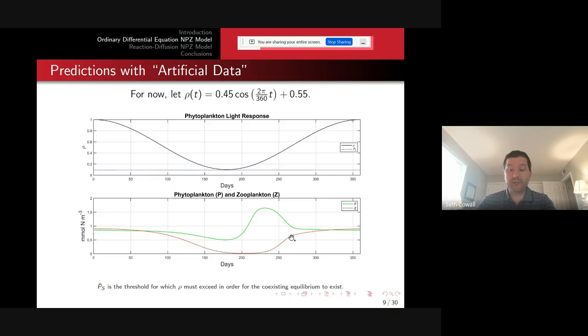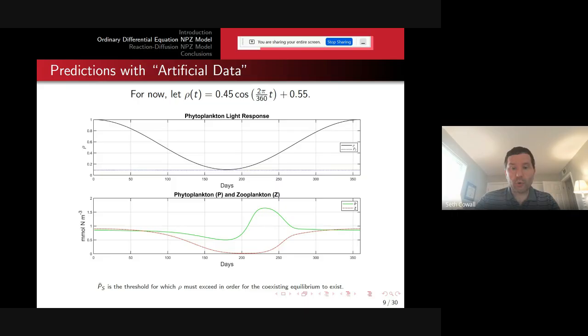But eventually the zooplankton make a recovery and bounce the system back again. Now, of course, this is a conceptual model, assuming that sunlight is the only forcing on the system. But we'll add some more stuff later.